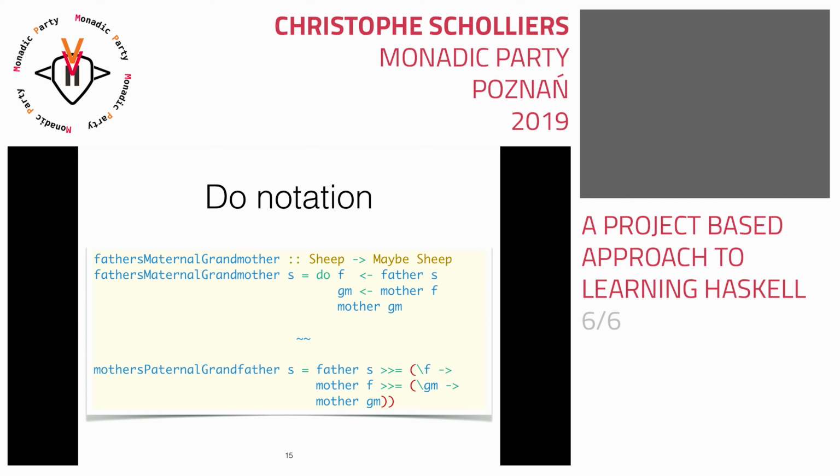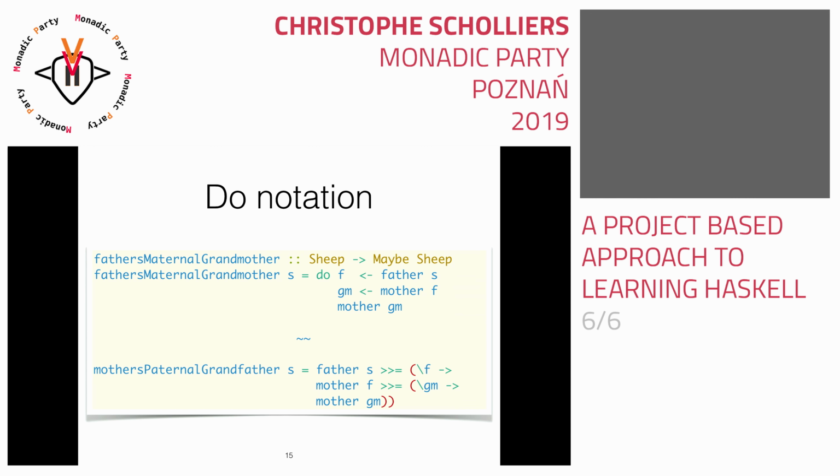This is a very explicit way. So this do, what does it do? Well, it's first going to take the father of the sheep that we provided here. This is going to return a Maybe Sheep. And what this arrow does is it's going to take out, here we have an M A, it's going to take out the A. So at this point, F is going to be a sheep.